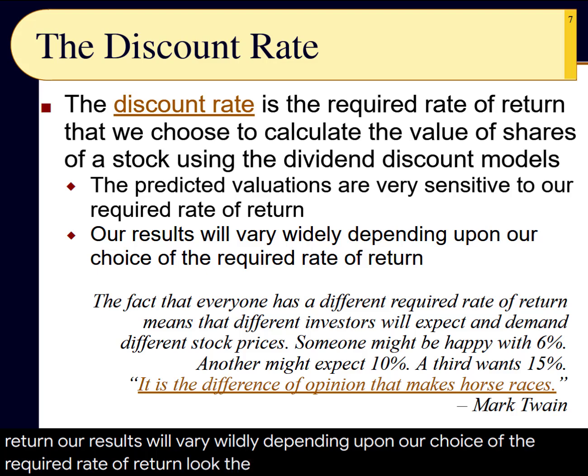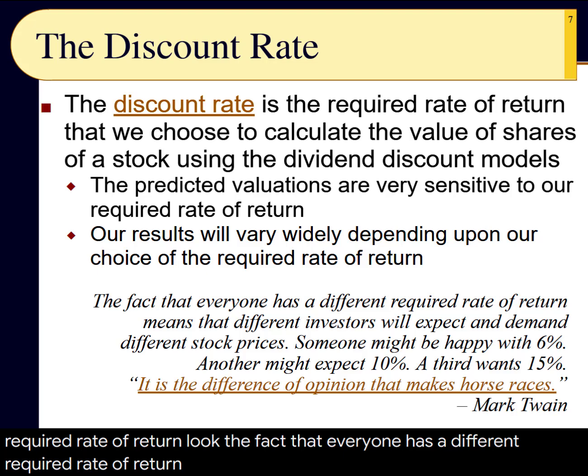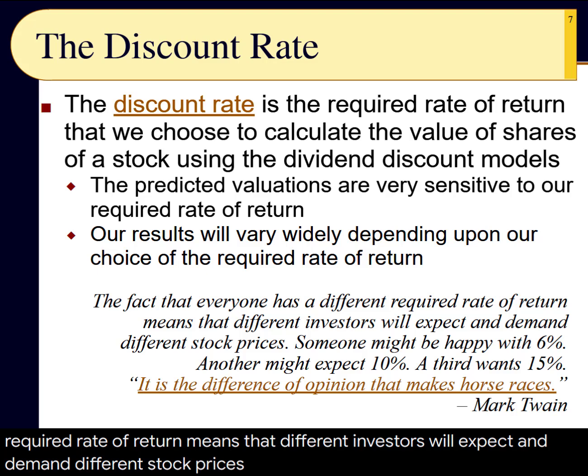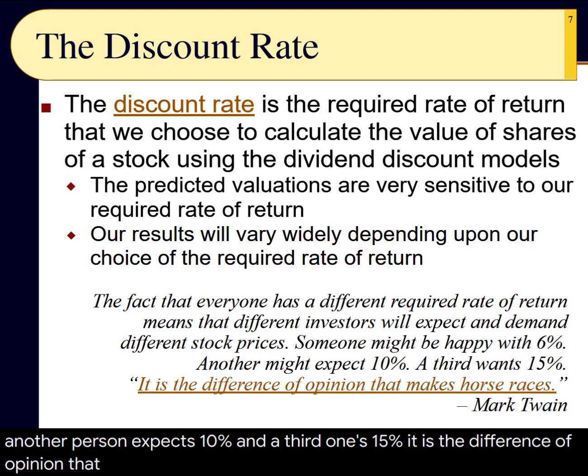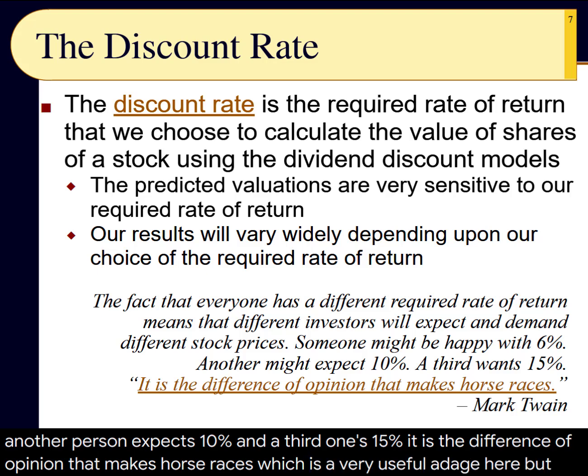Look, the fact that everyone has a different required rate of return means that different investors will expect and demand different stock prices. Somebody might be happy with 6%. Another person expects 10%, and a third wants 15%. It is the difference of opinion that makes horse races, which is a very useful adage here, but it maybe doesn't translate well.